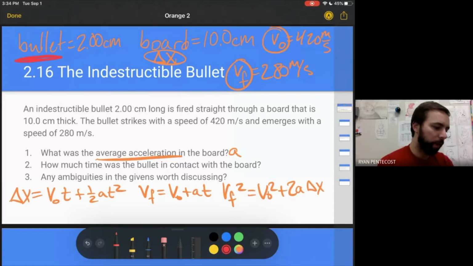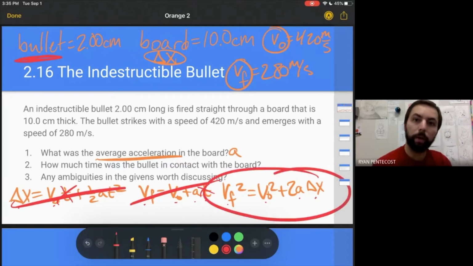In the first one, we have delta x and v naught, but we don't have time, so that one's gone. In the second, we have v final and v naught, and we're looking for acceleration, but again, we don't have time. In the third, we have v final, v naught, and delta x, and acceleration is what we need. So this is the equation we're going to use.